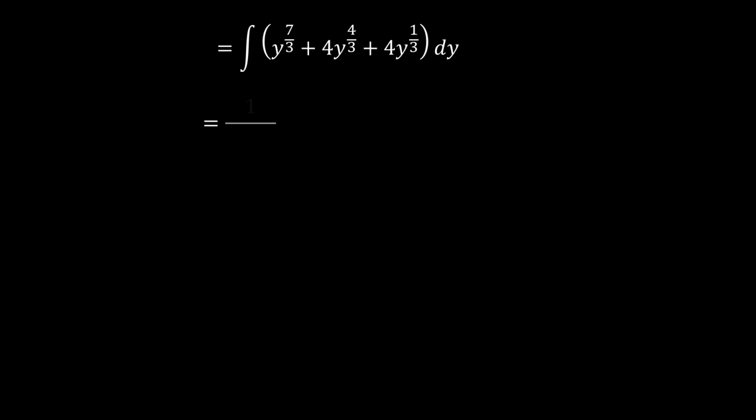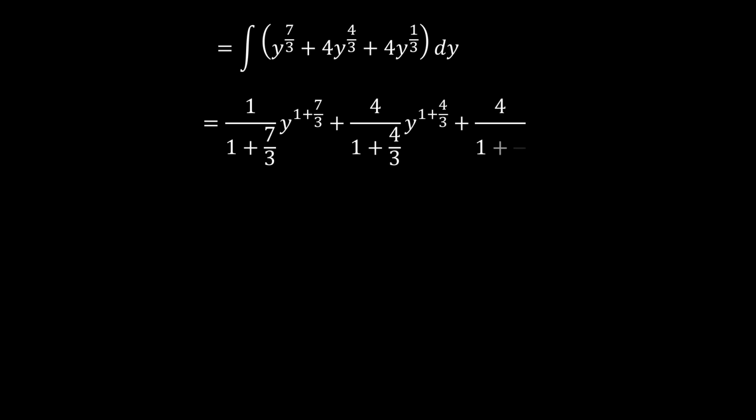And since we have that, now the integral of this is 1 over the exponent increased by 1: 1 over 1 plus 7/3, y to the power 1 plus 7/3, plus 4 over 1 plus 4/3, y to the power 1 plus 4/3, plus 4 over 1 plus 1/3, y to the power 1 plus 1/3, plus the integration constant.